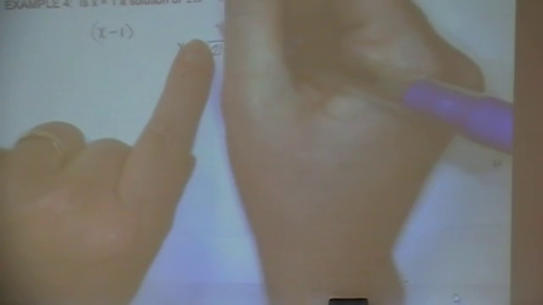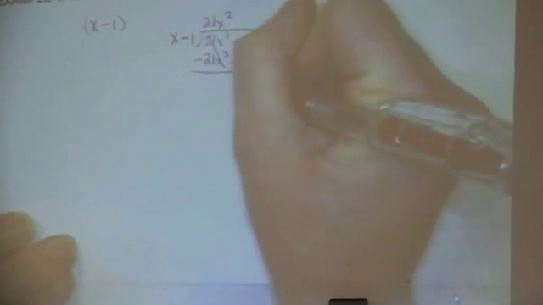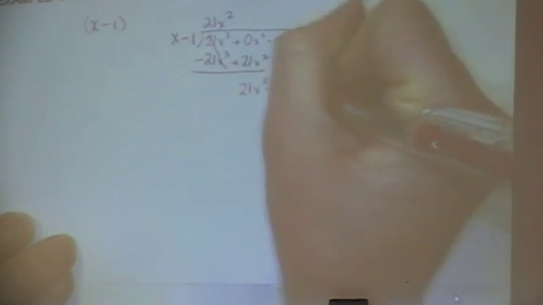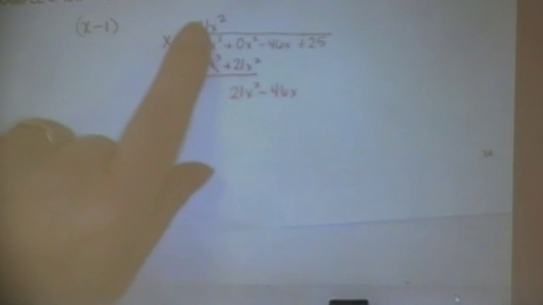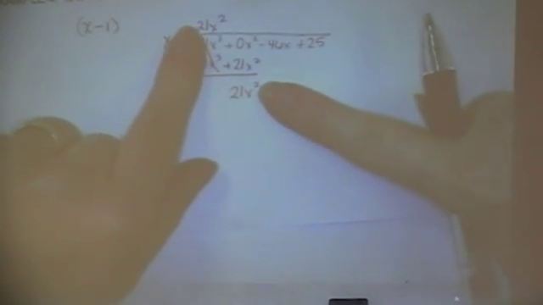Okay, so x goes into 21x cubed, 21x squared times. Now x goes into 21x squared, 21x times.